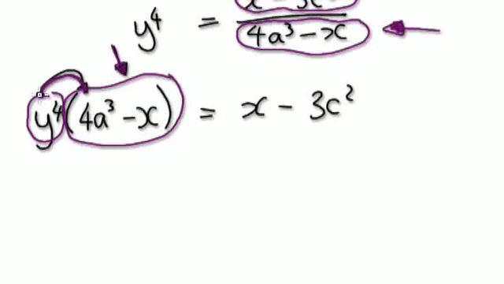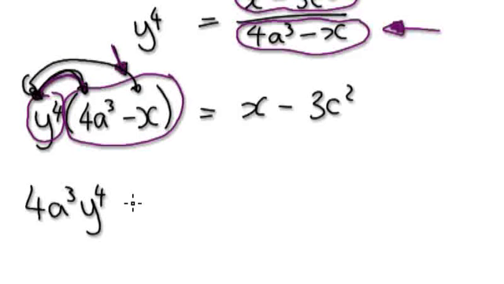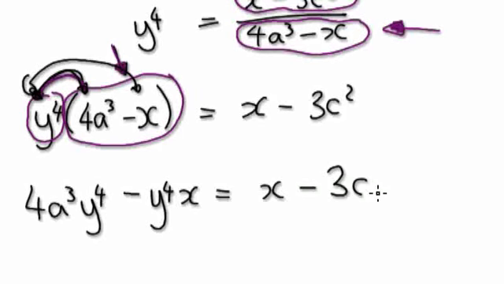This times this will be 4a to the power 3 y to the power 4, and then this times this would be minus y to the power 4 x. And on this side it would be x minus 3c squared.